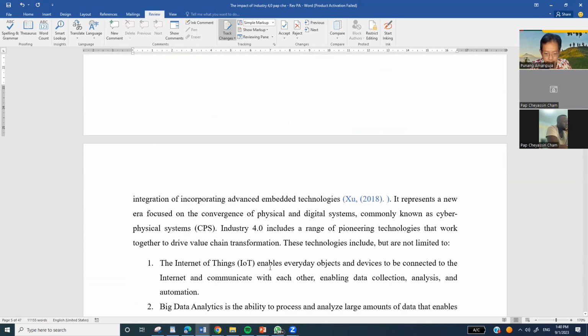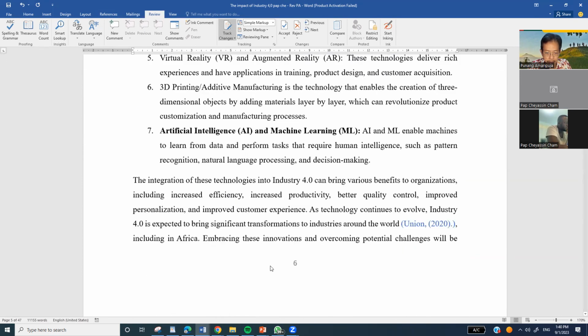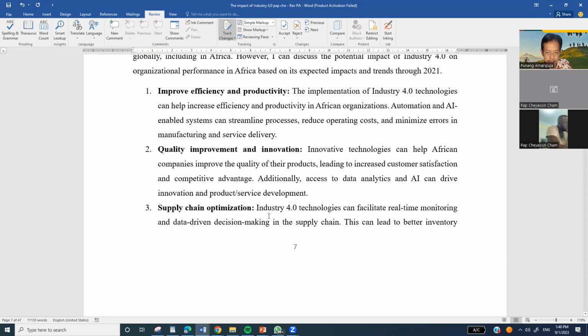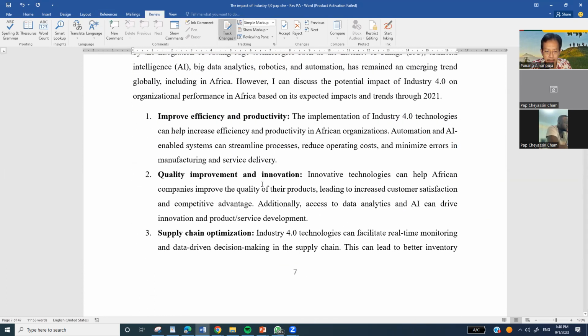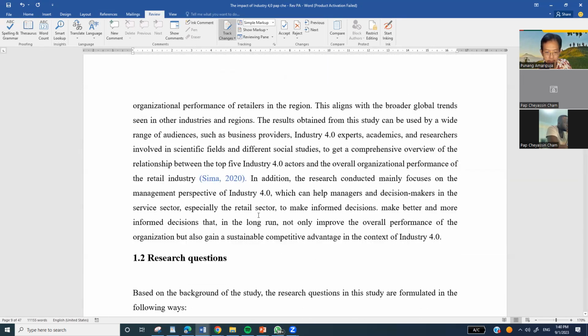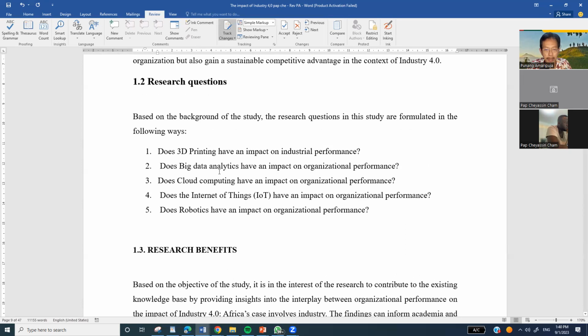Okay, Industry 4.0, IoT, big data, right? Okay, improve efficiency. And okay, quality improvement, supply chain optimization. I'll just quickly browse through this. Okay. So it would be interesting later on to find your questionnaire. So there are two alternatives that you could use.